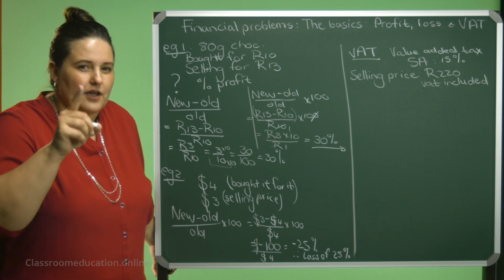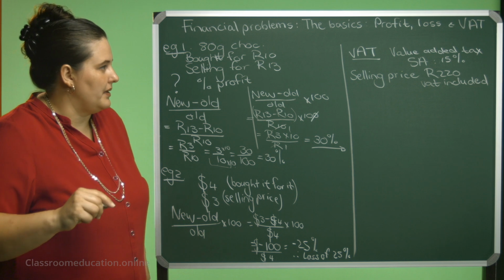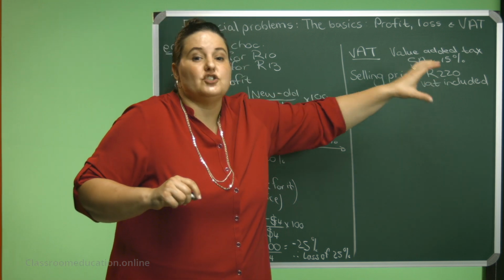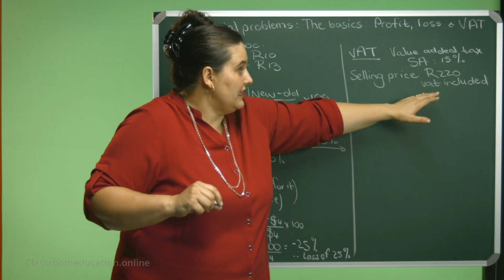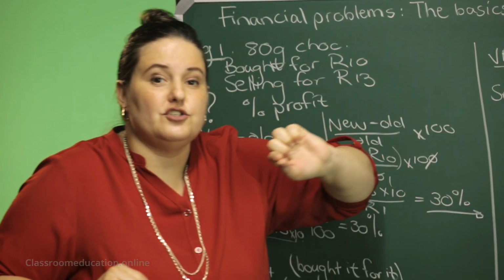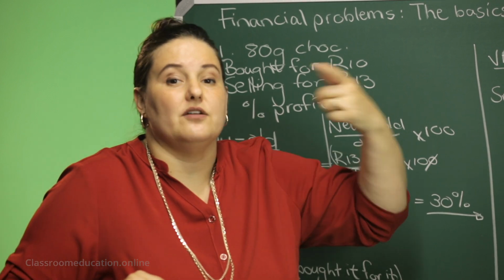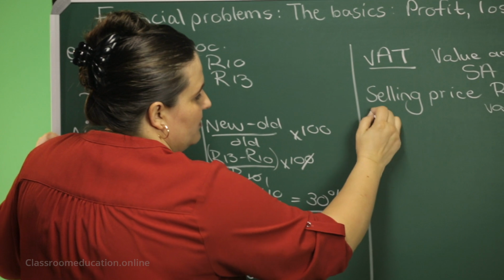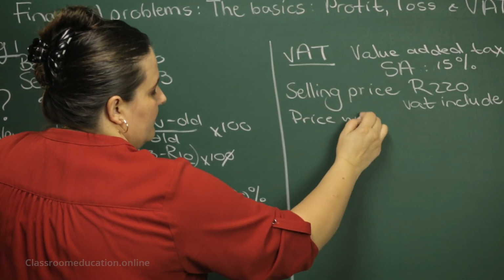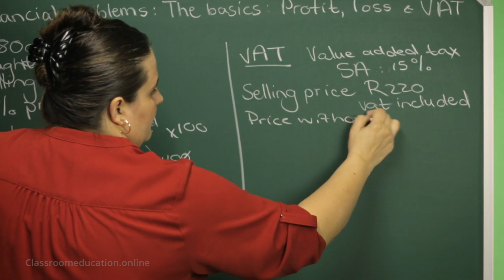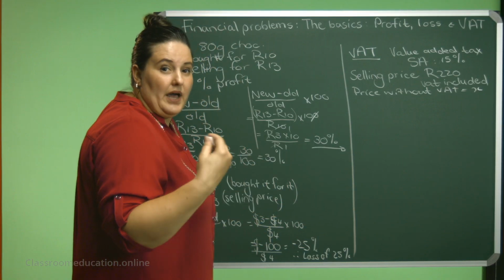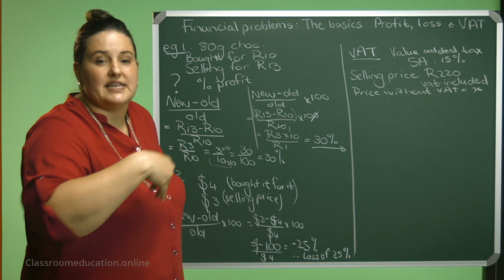It's a bit tricky, and I want you to listen carefully and follow with me. If you are selling it for 220 and it includes VAT, you need to determine what was the price without the VAT. So let's make the original price, or price without VAT, X. Now, how can I determine my selling price?